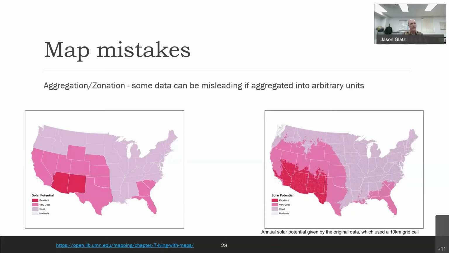If you were in Nevada, say, southern Nevada is an excellent area for solar potential, but because it has less area than the northern area, when you average them all out, it suddenly becomes just very good instead of excellent.